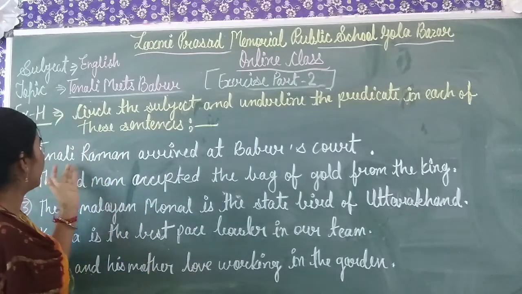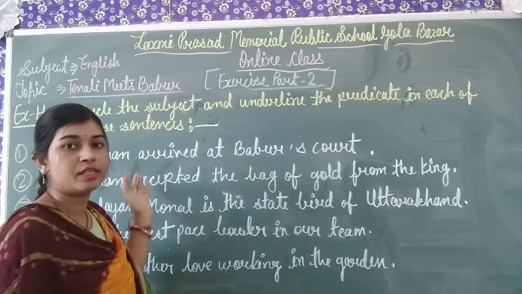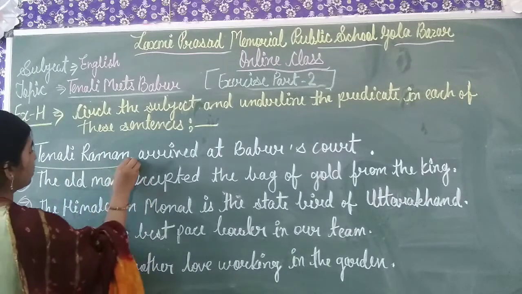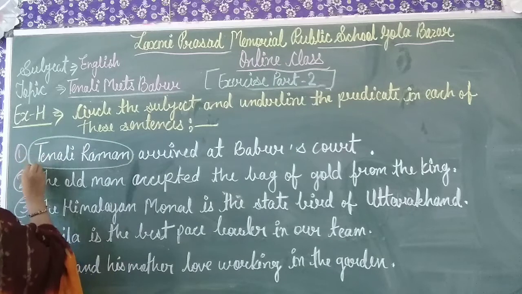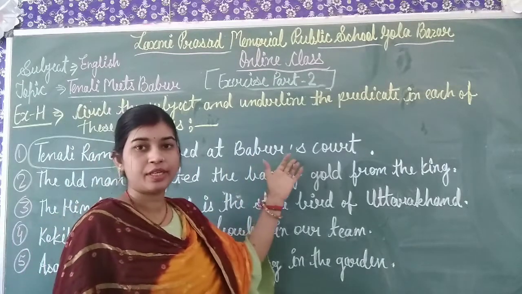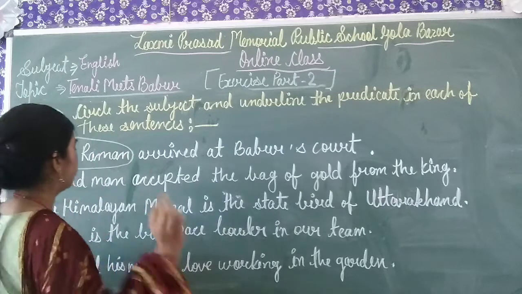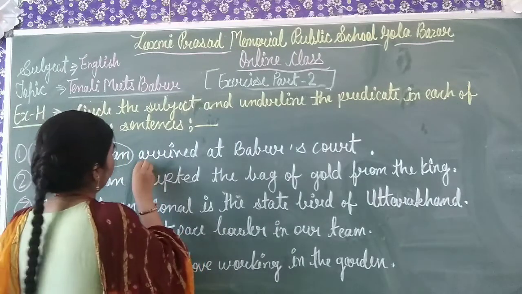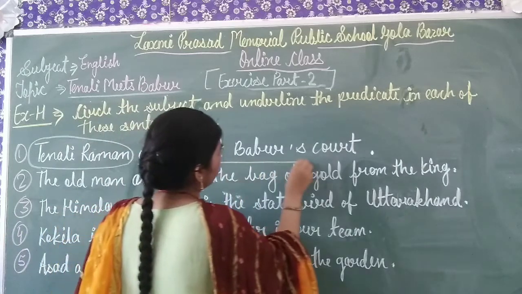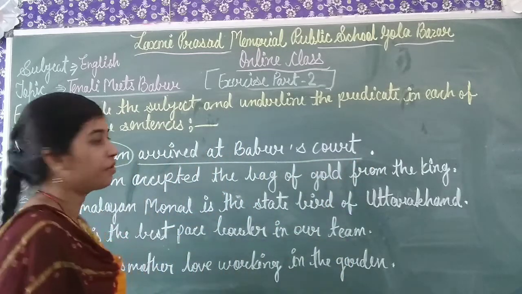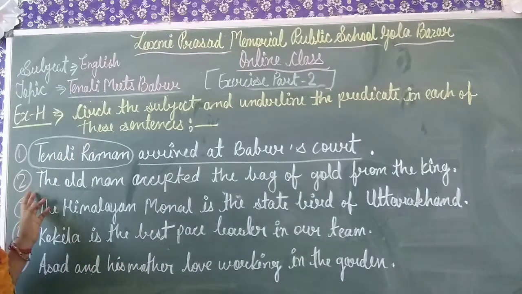So we circle the words Tenali Raman because this is a subject, and arrived at Babar's court is predicate. So you have to underline these words, arrived at Babar's court.